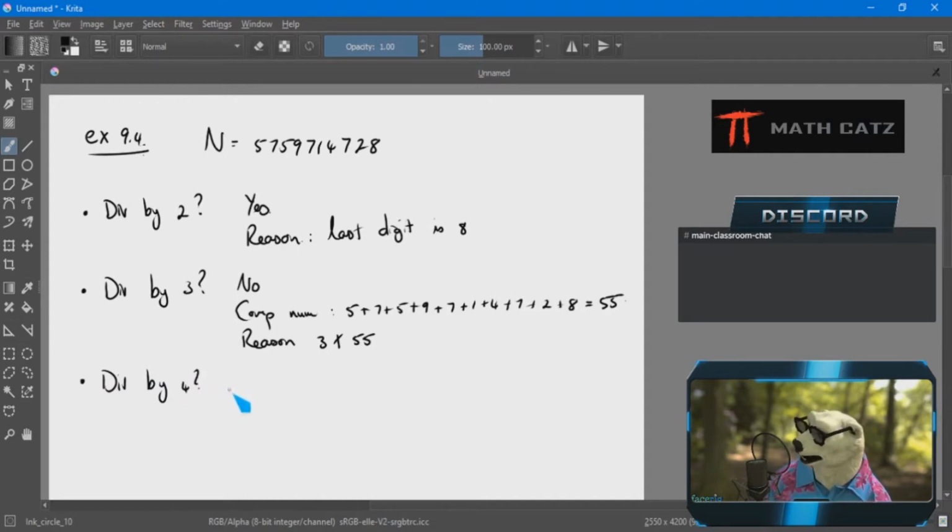Divisible by 4. Well, my comparison number is the number formed with the last 2 digits: 28. And 4 divides into 28. So, yes, the whole original long number will be divisible by 4 as well.